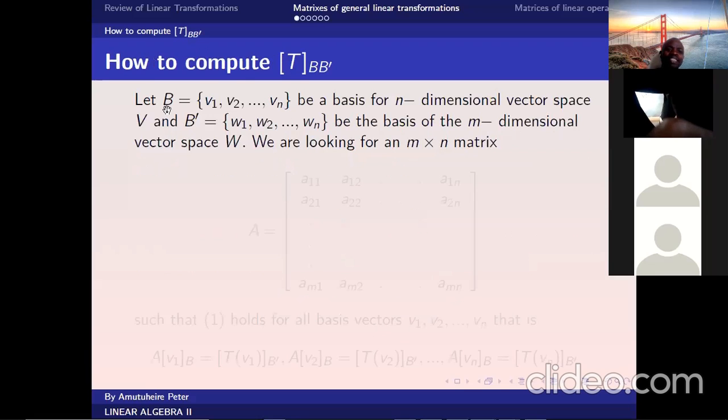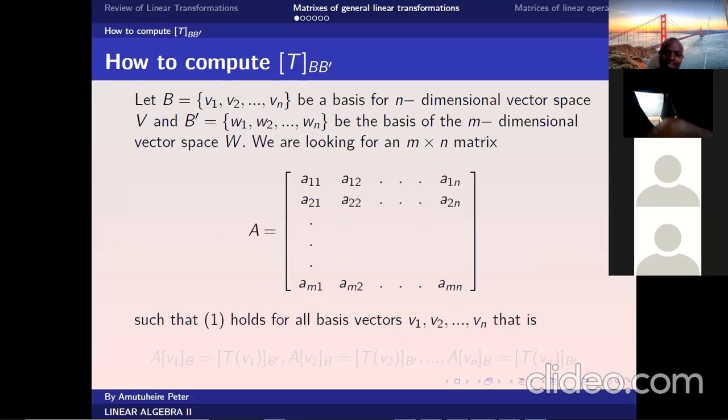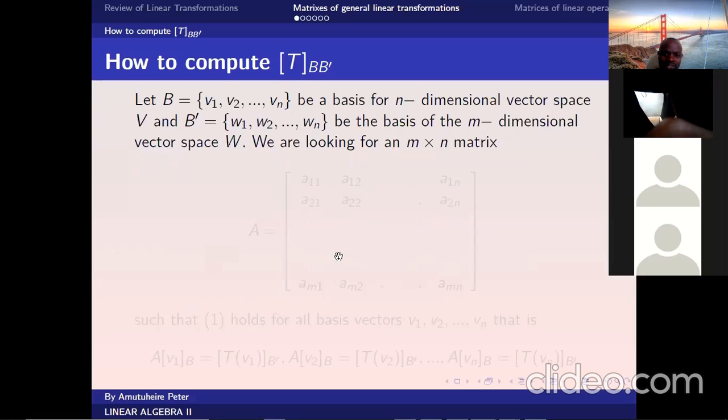Then, if we let the basis for V be V1, V2 up to Vn, and the basis for W be W1 up to Wm, we are looking for an m by n matrix. That matrix looks like this, such that equation 1 holds. What is equation 1?